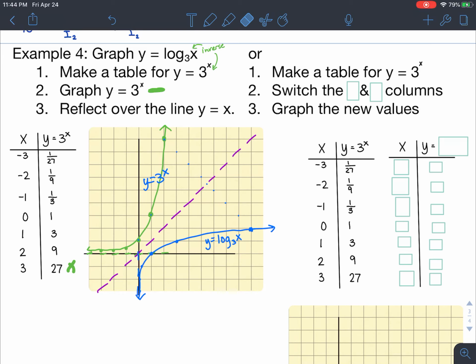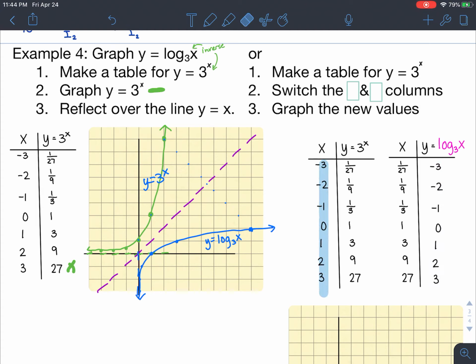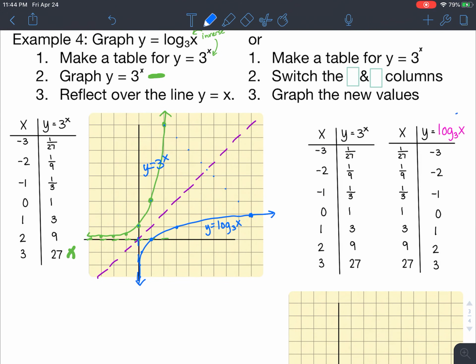If you had two columns of values, you could just swap them for the inverse. So to have a table for log base 3 of x, I just take all of these y's and make them the x's. And I take all of these x's and I make them the y's. Just like that.